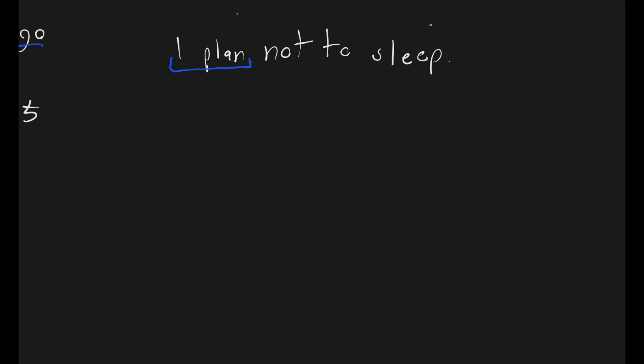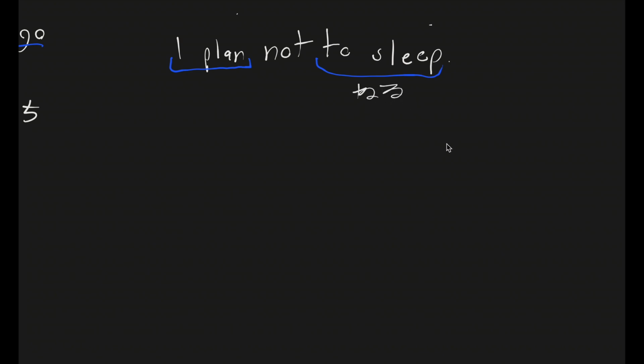So I plan. Well, I plan still means we have intention. So we're not going to change anything with yotei. We're going to change something with the verb, since there's still an intention just not to do something, which is not to sleep. So we know it's going to end in yotei. And then we have not to sleep. So you might be thinking, well, we know to sleep is neru.